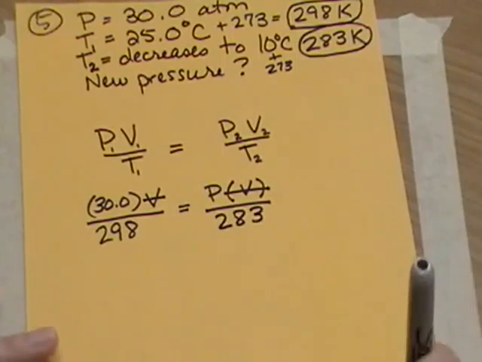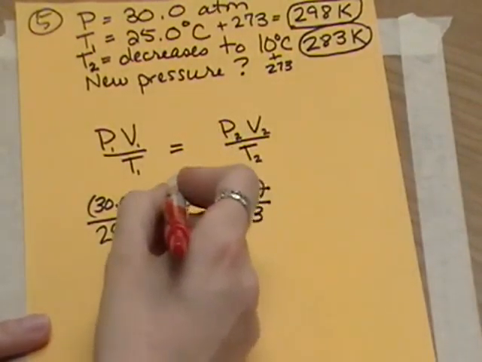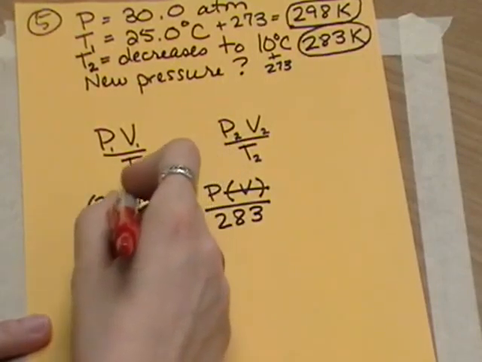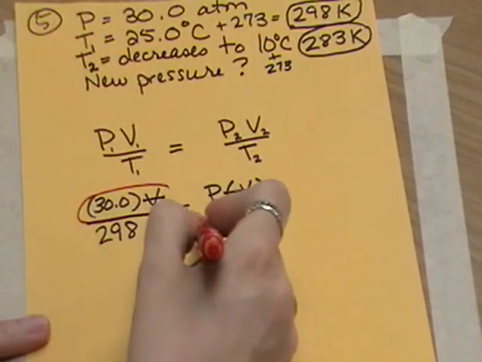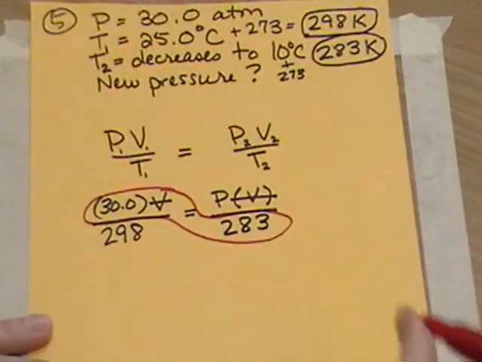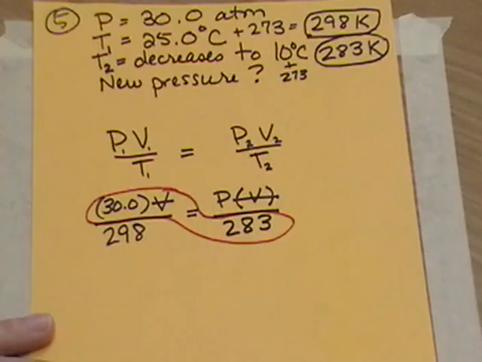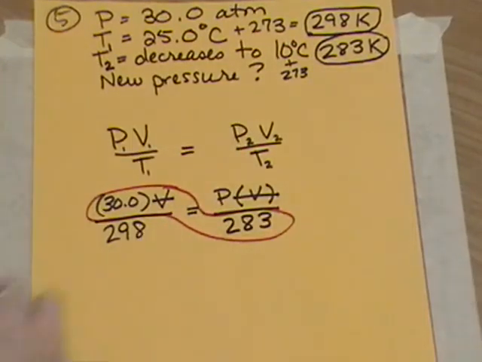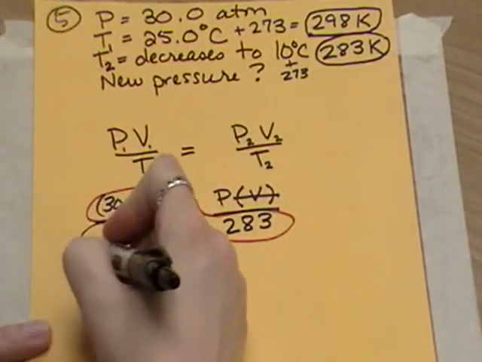Then I'm going to have to do this butterfly thing, cross multiply, whatever you call it. That's going to be one side, and then this is going to be another side.